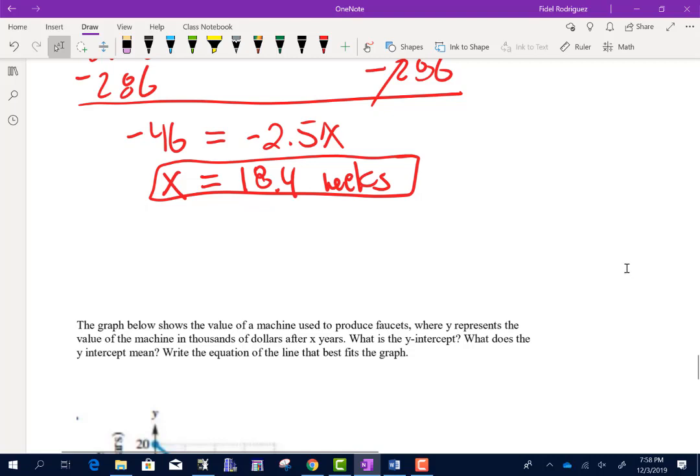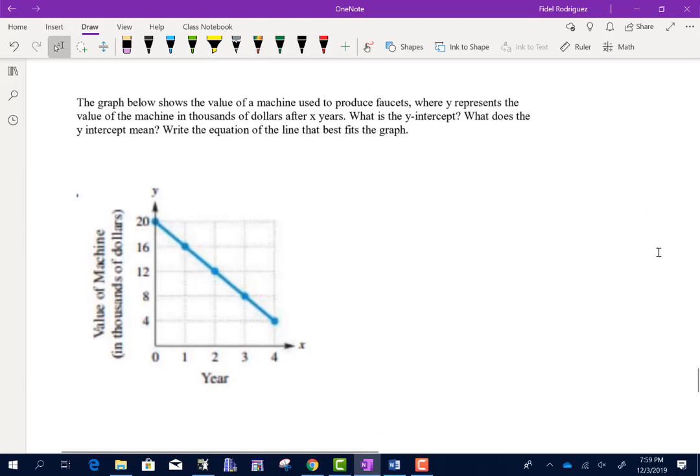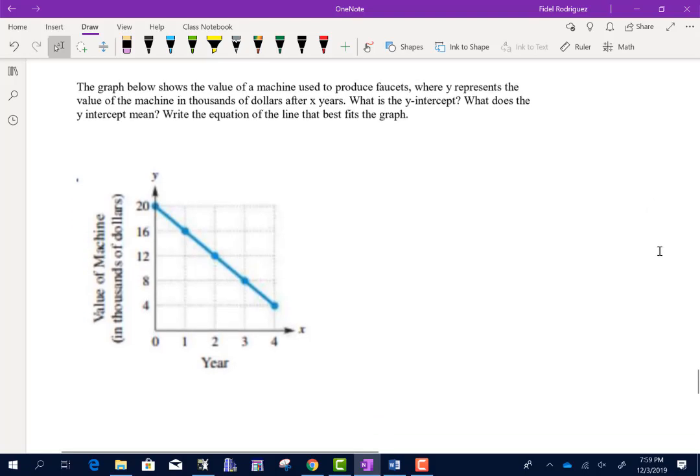All right. So guys, last problem right here. Let's take a look. It says the graph below shows the value of a machine used to produce faucets, where Y represents the value of the machine in thousands of dollars after X years. What's the Y-intercept? What does the Y-intercept mean? And write the equation of the line that best fits the graph. Okay. So let's talk about this for a little bit.